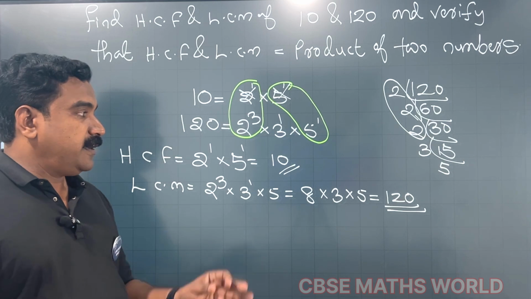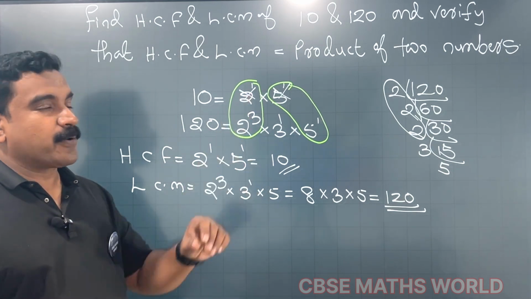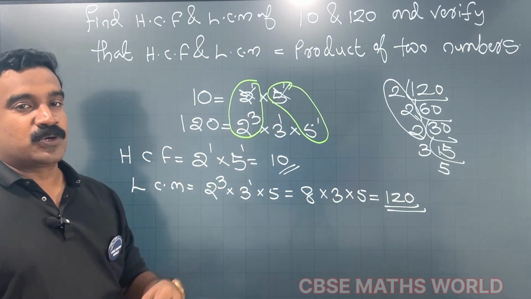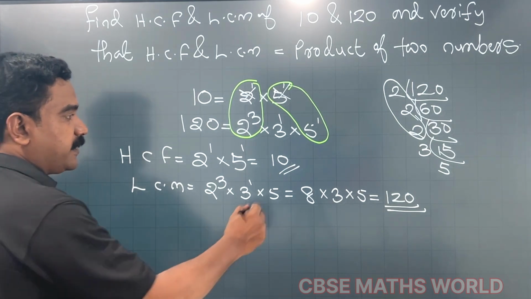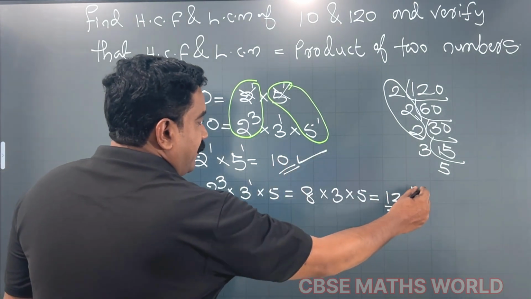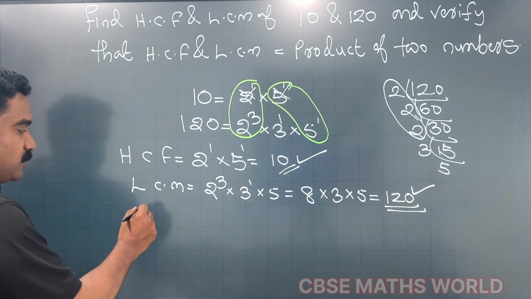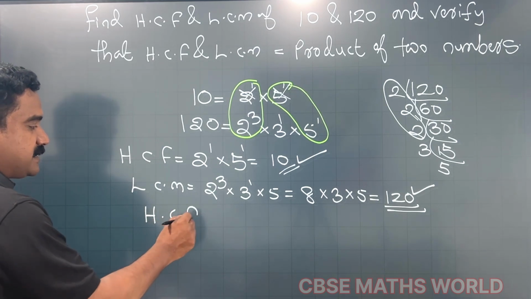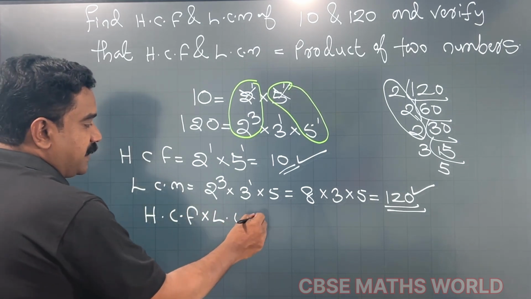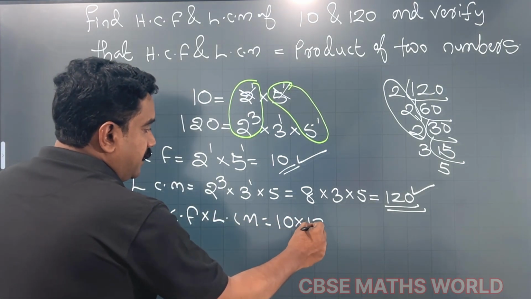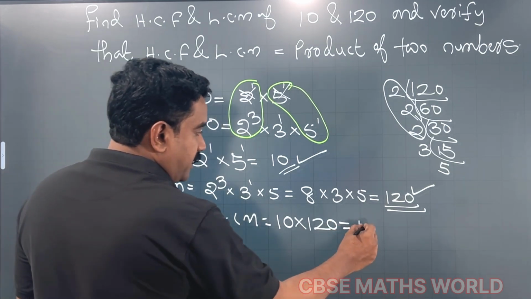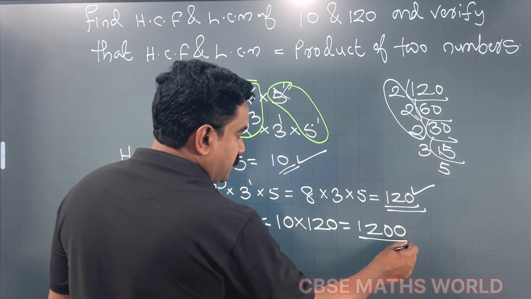Next, we need to verify whether the product HCF into LCM is equal to the product of the two numbers. What is the HCF here? HCF is equal to 10. LCM is equal to 120. So HCF into LCM is 10 into 120, that is 1200.